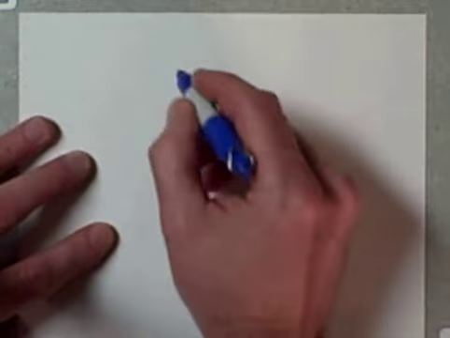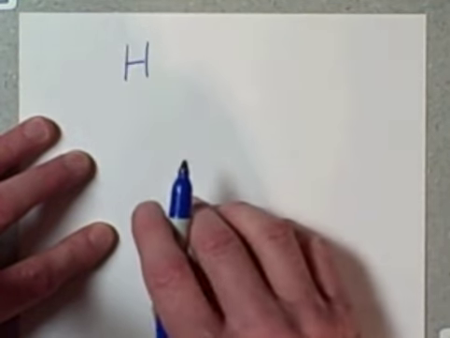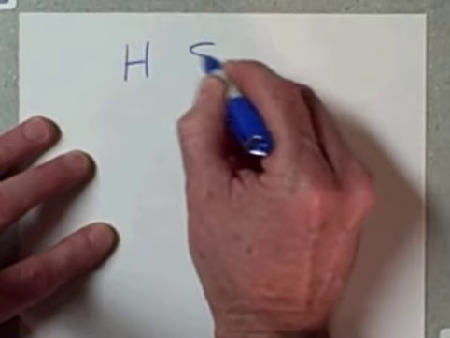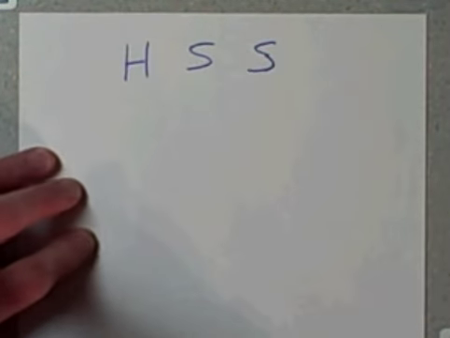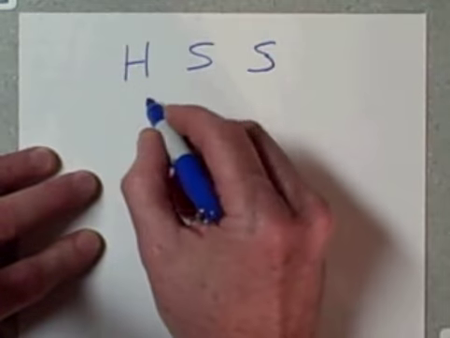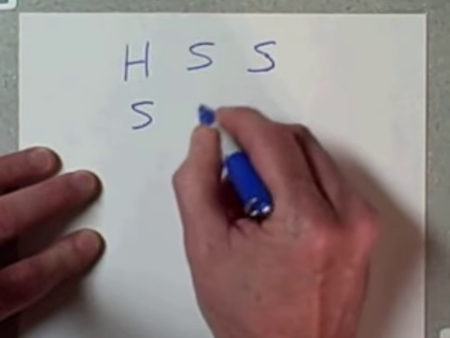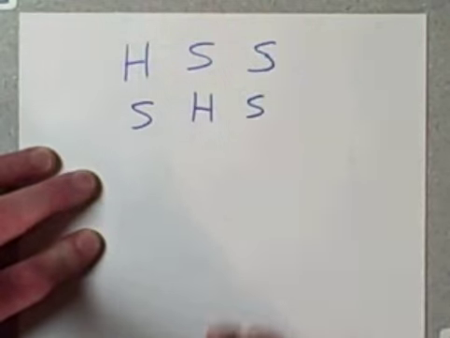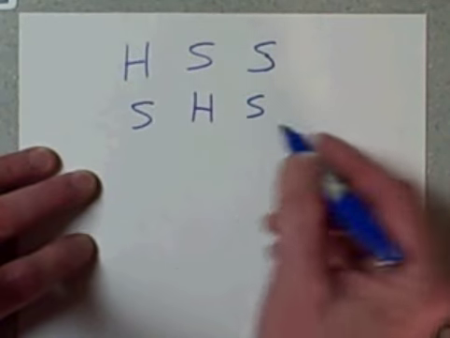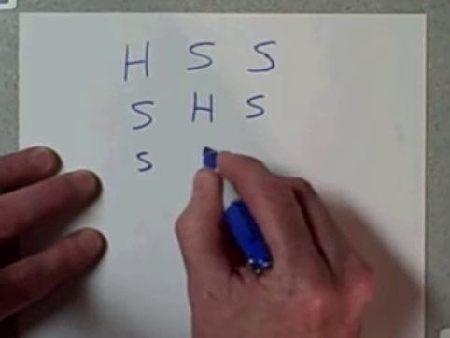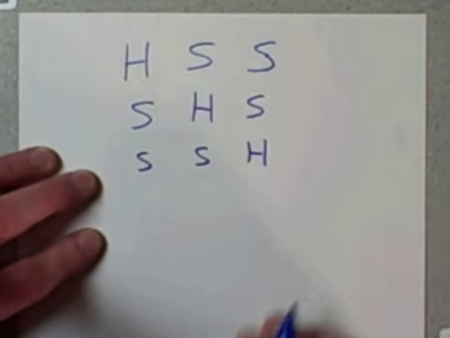One possible outcome is that the first card is a heart, and the second card is a spade, and the third one is a spade. Okay? The next possible outcome is that the first one's a spade, the middle one's a heart, and this one is a spade. You say, but yeah, that's the same as that. Well, no, that's really a different outcome. Next possibility is the first one's a spade, the second one's a spade, the third one's a heart.